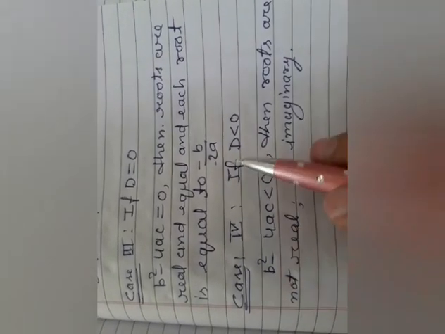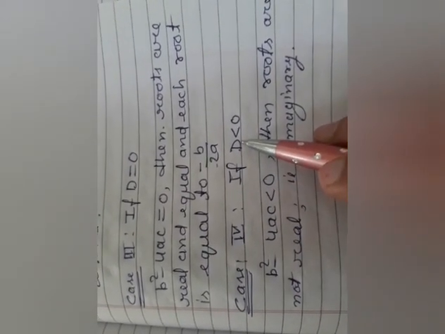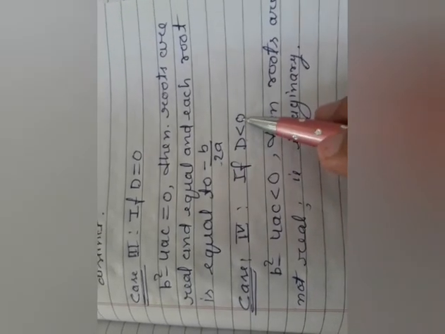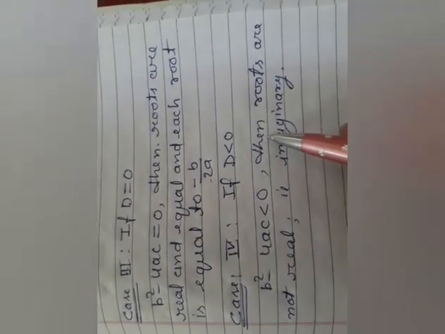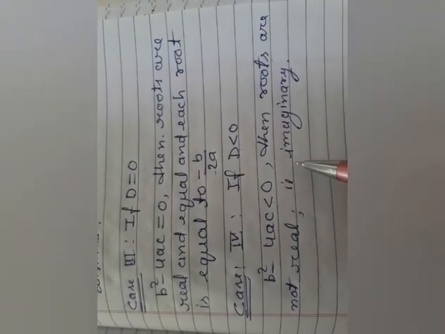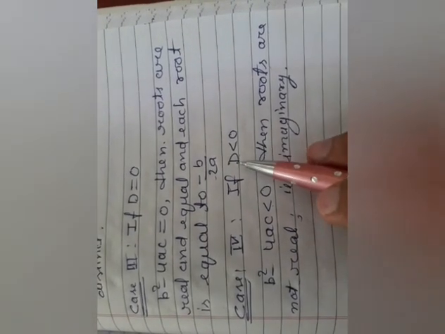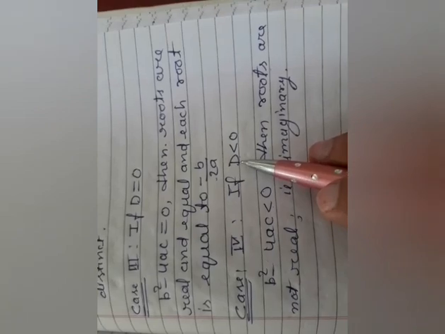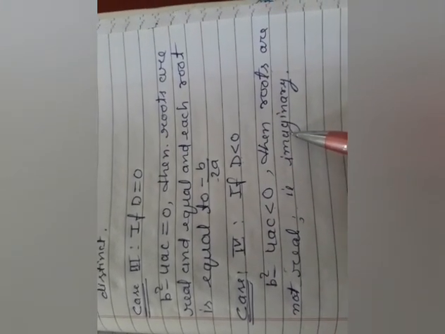In the fourth case, if the discriminant is less than 0, so b² − 4ac < 0, then the roots are not real, that is, imaginary. Clear? When D is less than 0, the roots are imaginary.